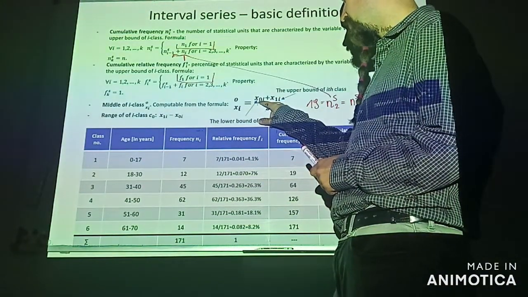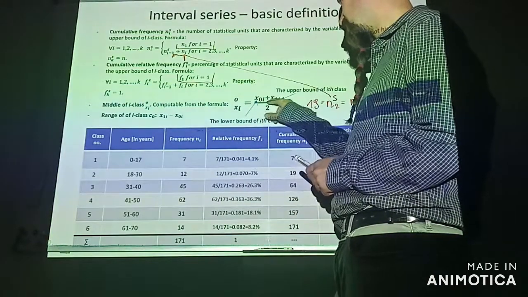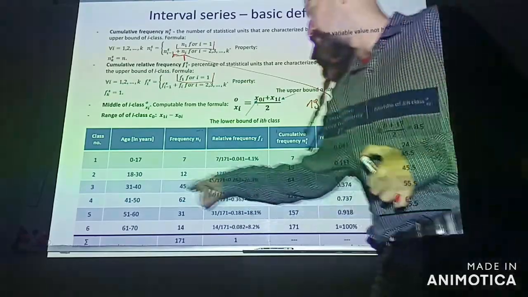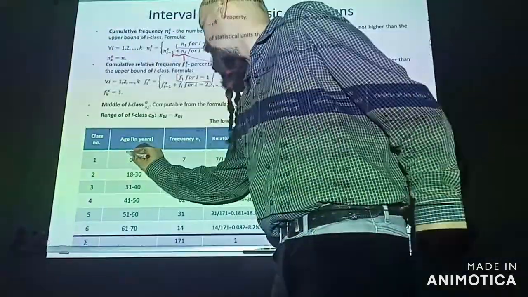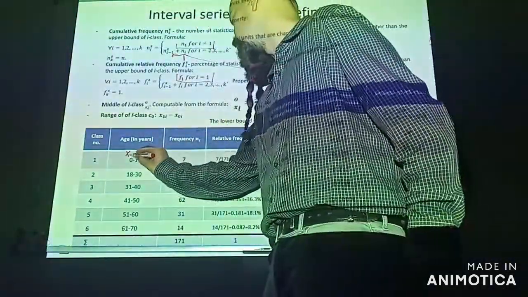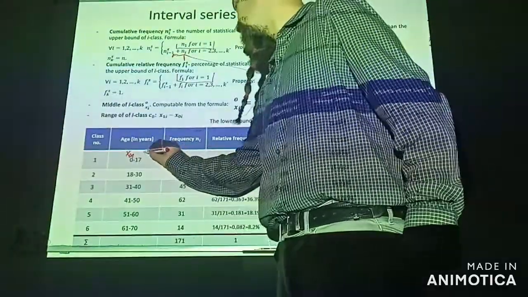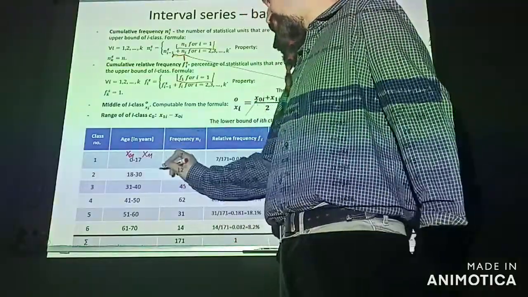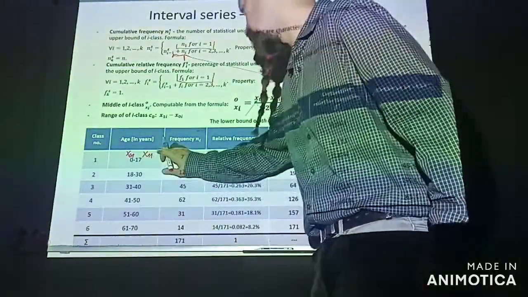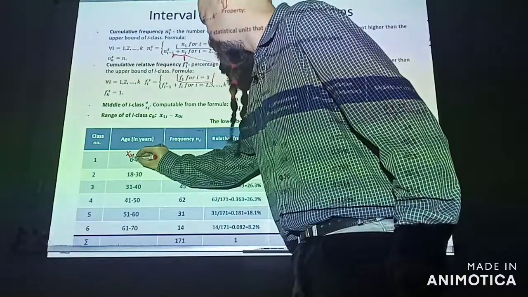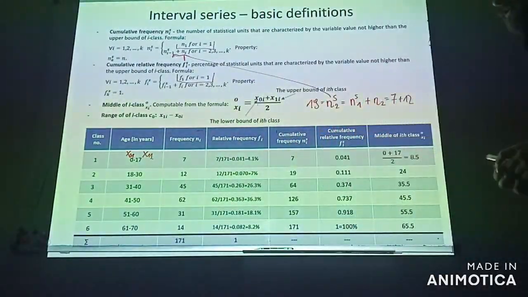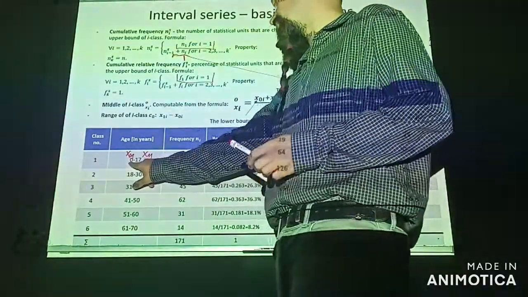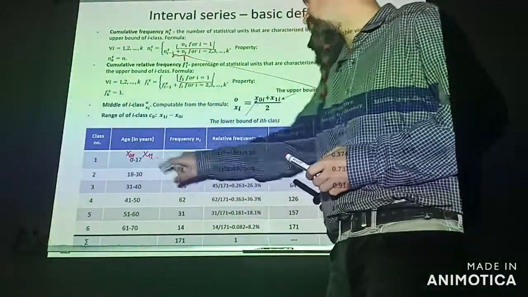And here we have a formula for the middle of the ith class. Subscript 0 indicates the lower bound of the class and subscript 1 indicates the upper bound. So here we have x01 and x11, meaning we are dealing with bounds from the first class, where 0 means the lower bound and 1 means the upper bound.